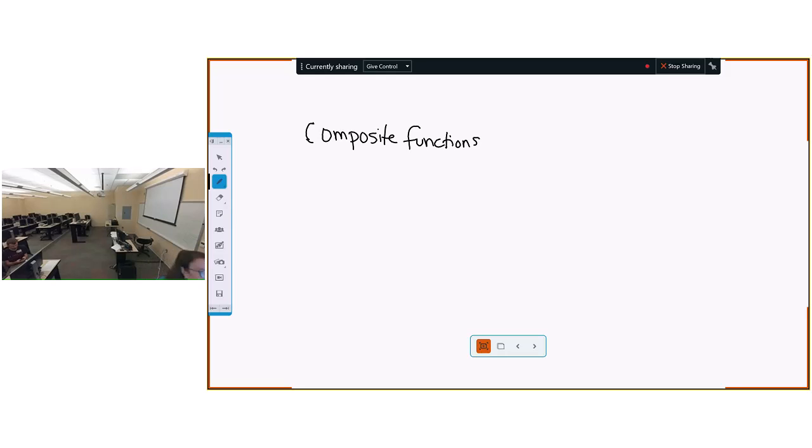So if I have the functions f and g, the composite function of f and g is defined as f circle g of x, and that equals f of g of x.